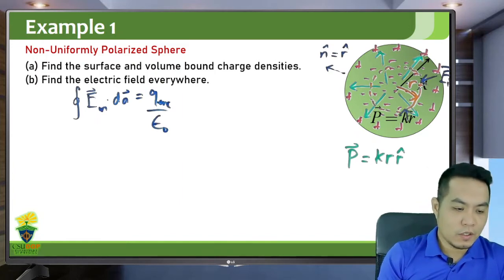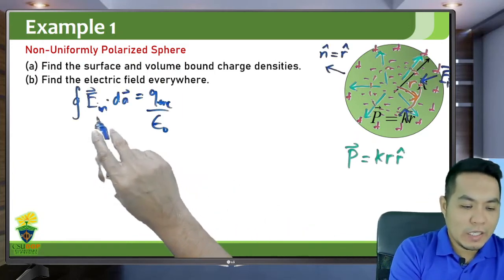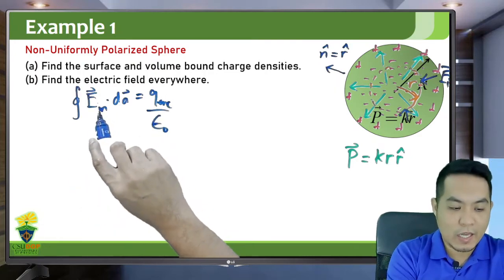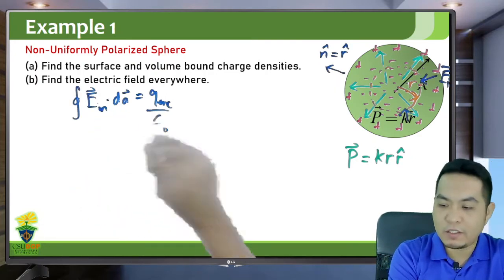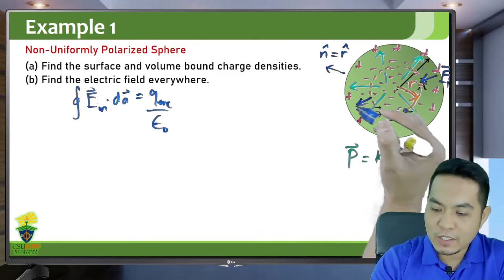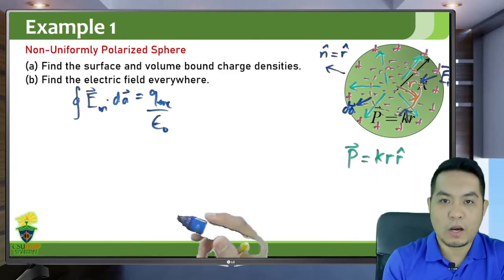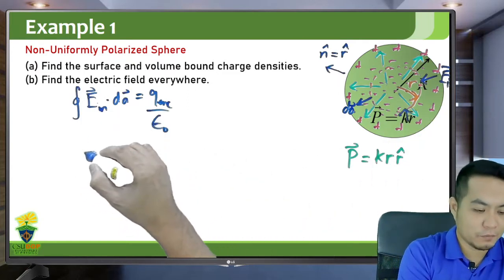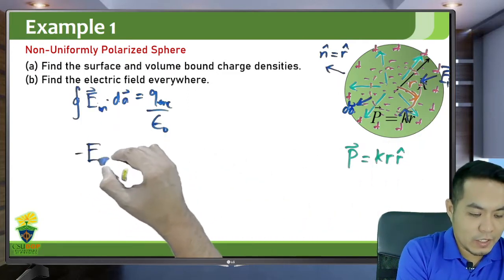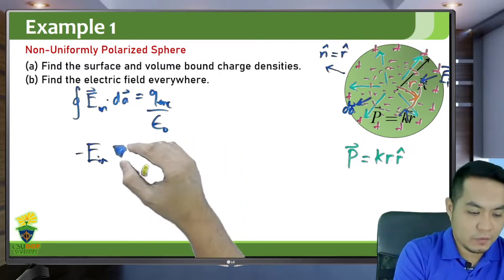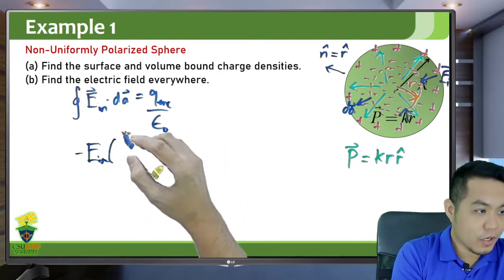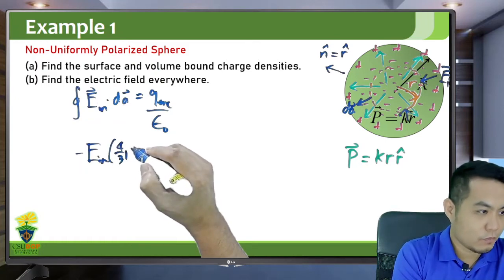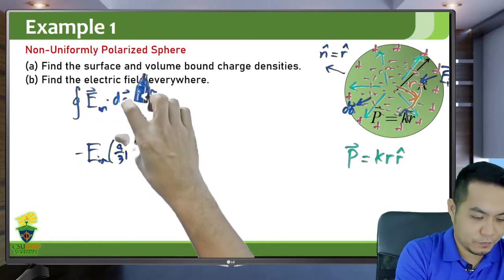E dot dA: the electric field inside is towards the center, and dA is outward, perpendicular to the Gaussian surface, so this will be negative electric field inside times the area, which is 4 pi r squared.